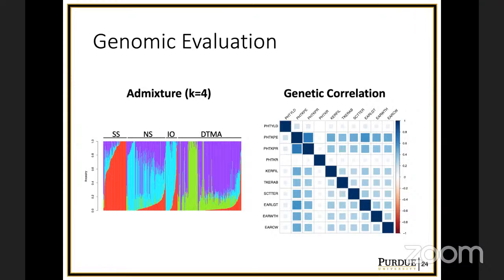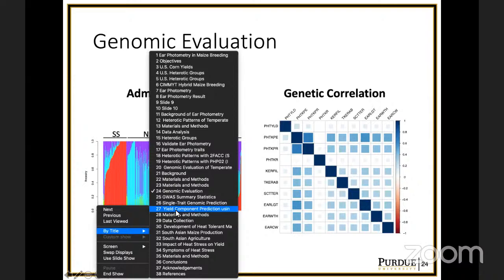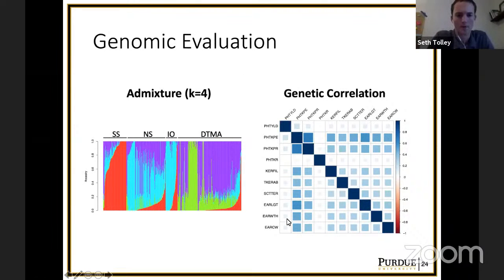Seth, one last question before we finish, I think. When you showed the PC1 and PC2 and PC3 for the genetic diversity of the temperate germplasm versus the tropical germplasm, you showed in PC1 that it's sorted temperate versus tropical. Yep, I'll pull it up here really quick.